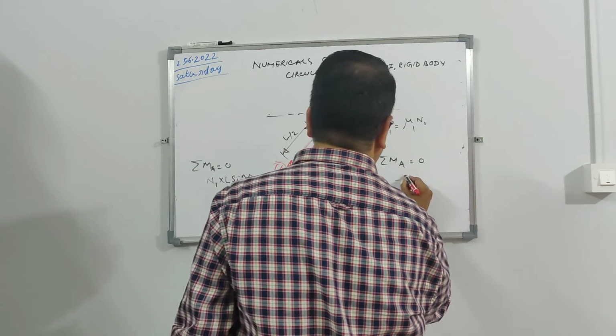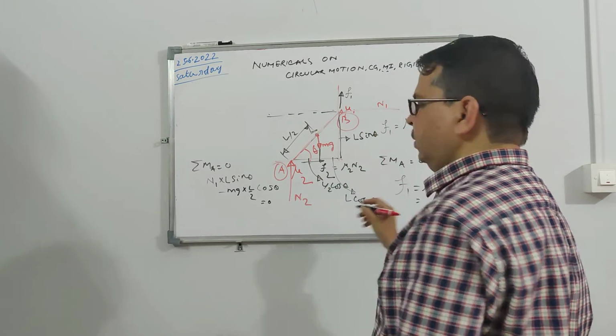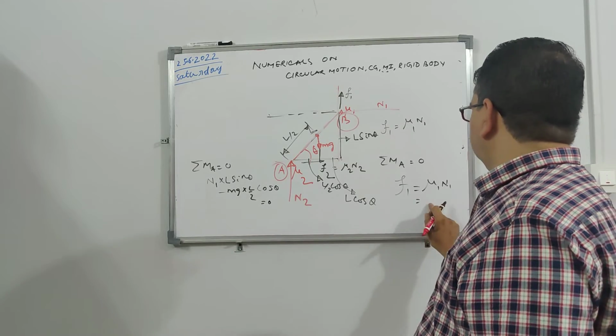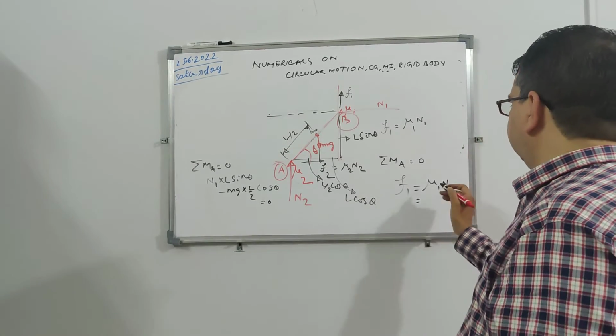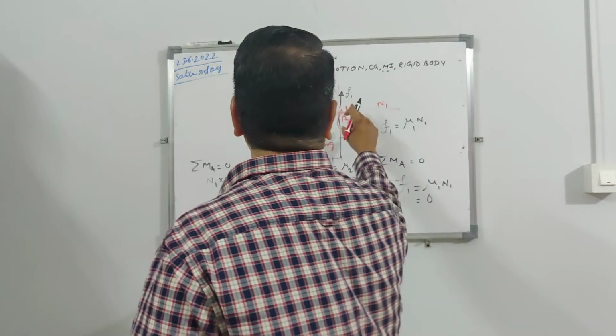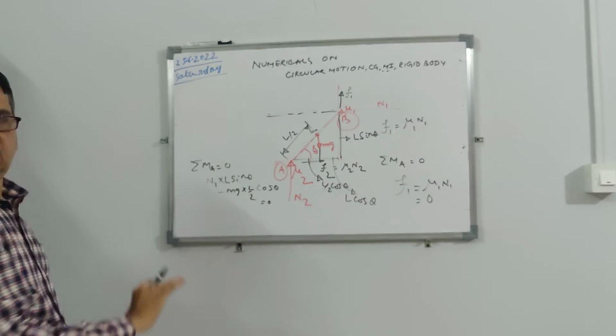But this frictional force is nothing but mu1 into N1, and F2 is also equal to mu2 into N2. This mu1 in one option is given as 0, so F1 is 0, and because this force is 0, it will not cause any moment here.